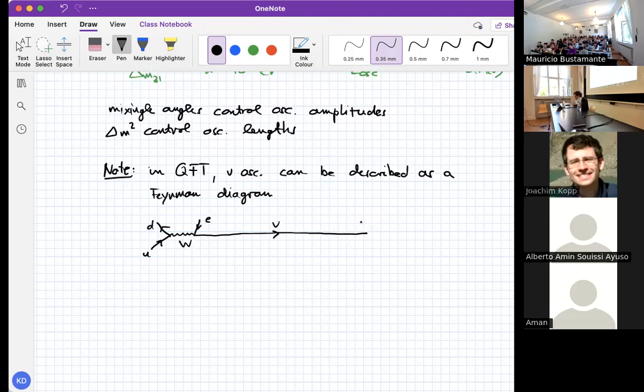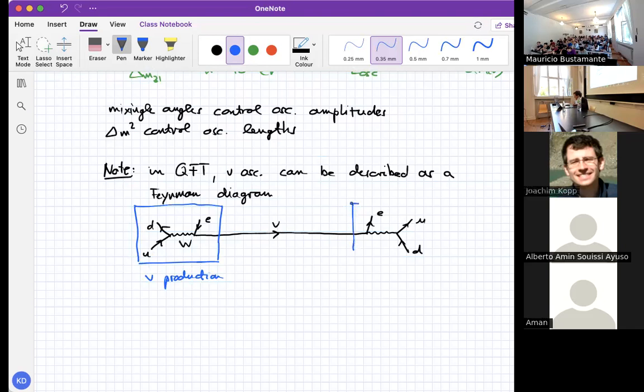And then on the detection side, let's say that neutrino makes an electron or a muon by again converting, this time, a down quark to an up quark. So the left-hand part of this diagram, that's neutrino production. Then here on the right, that's neutrino detection.